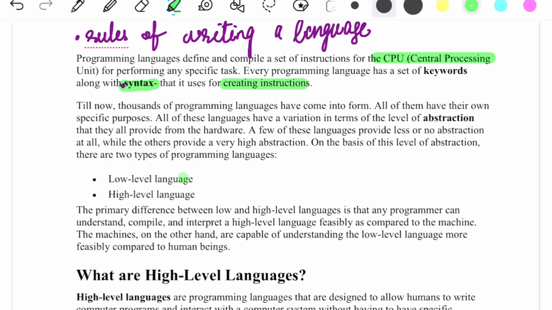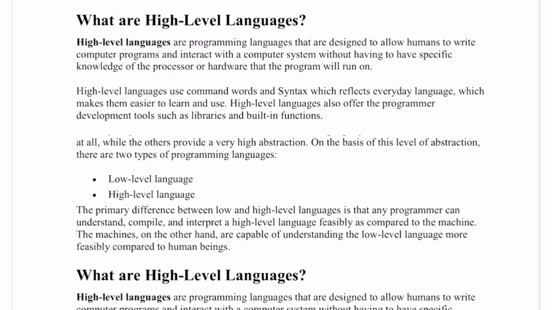We have two: low level languages and high level languages. The major difference between both of these is that any programmer can understand, compile, and interpret a high level language feasibly as compared to the other one, because low level languages are not understandable by humans. Why? Because they work as zeros and ones. Let's study it in detail further.